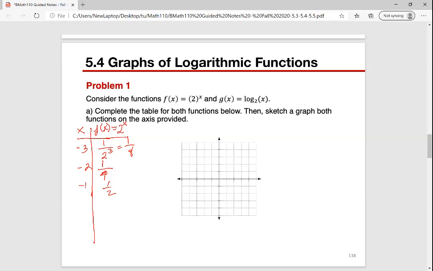And then keep going. If I say 0, then it becomes 2 to the power 0, which is going to be equal to 1, right? So this is going to be the y-intercept.